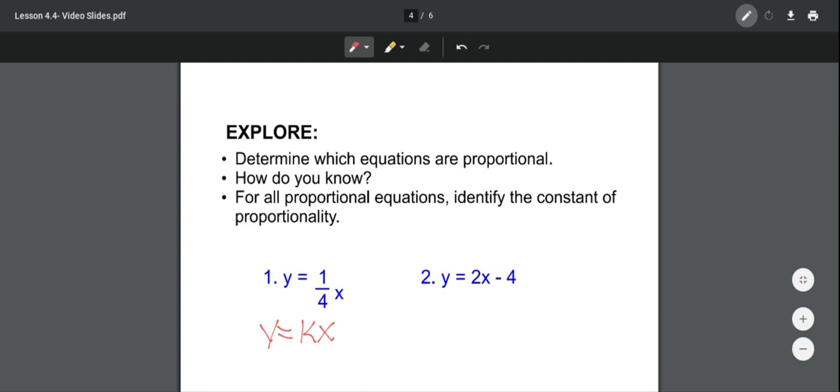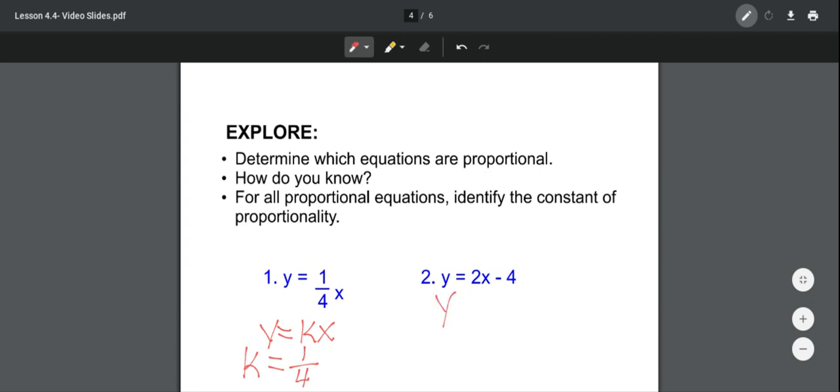Is it written in the same format? Yes, it is. Because it's written in that same format, we know that our equations are proportional. Our constant of proportionality, or our k, is 1/4.